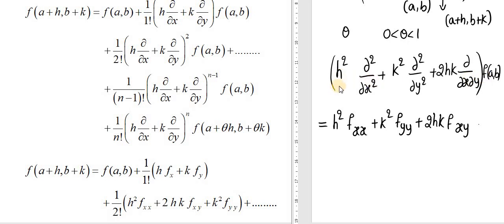So we can rewrite these terms as h square dou square by dou x square as fxx, that is second order partial derivatives of f, plus k square dou square by dou y square of f is fyy, that is second order partial derivatives of f with respect to y, plus 2hk dou by dou x dou y of f is fxy.